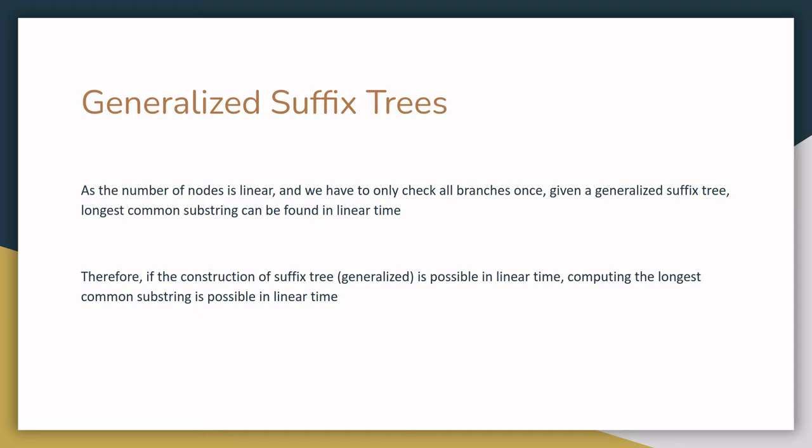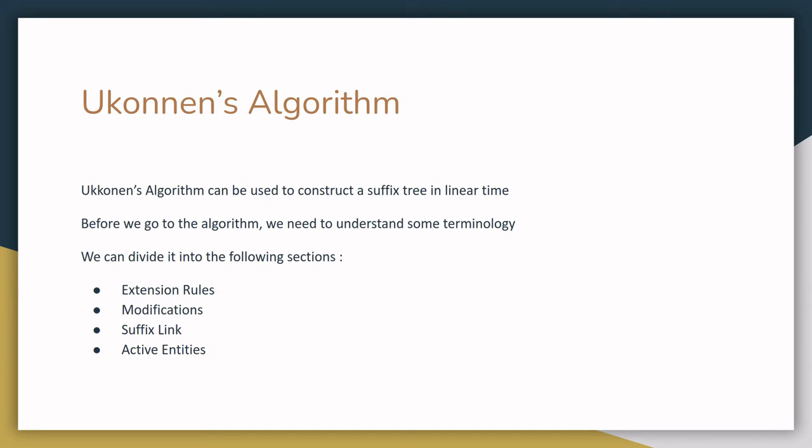Therefore, this implies that if we construct a suffix tree or a generalized suffix tree in linear time, then computing the longest common substring is possible in linear time. So the problem here is, can we construct a suffix tree in linear time? It turns out we can.